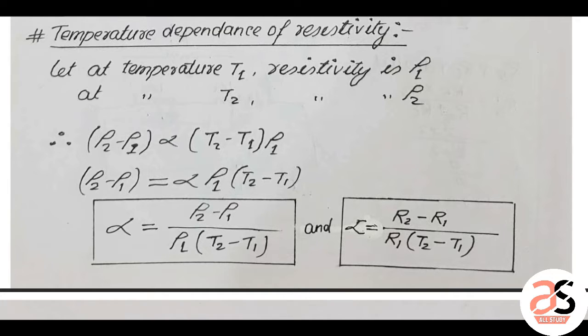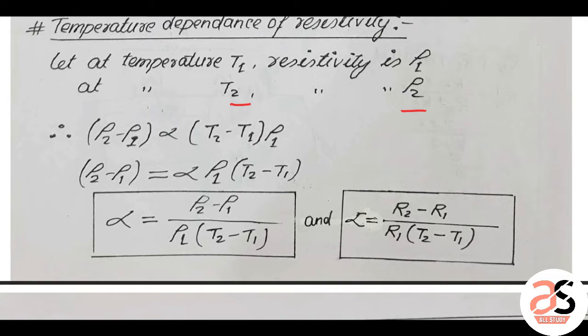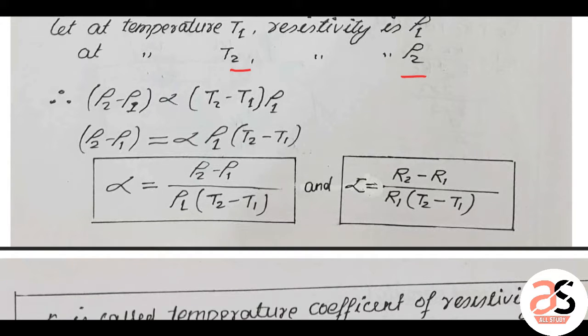Now the next topic is temperature dependence of resistivity. Resistivity depends upon the temperature. Let at temperature T1 the resistivity be rho 1, and at temperature T2 the resistivity be rho 2. Now it is observed rho 2 minus rho 1 is directly proportional to T2 minus T1 into rho 1.